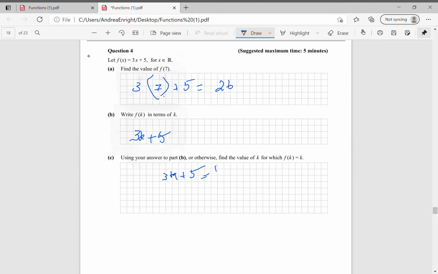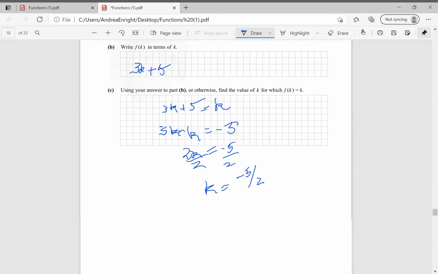Leave the 3k, bring over the k this way, so it becomes a minus k. The 5 goes over that way and becomes a minus 5. So you get 2k equals minus 5. Divide each side by 2, and you get k is equal to minus 5 over 2.